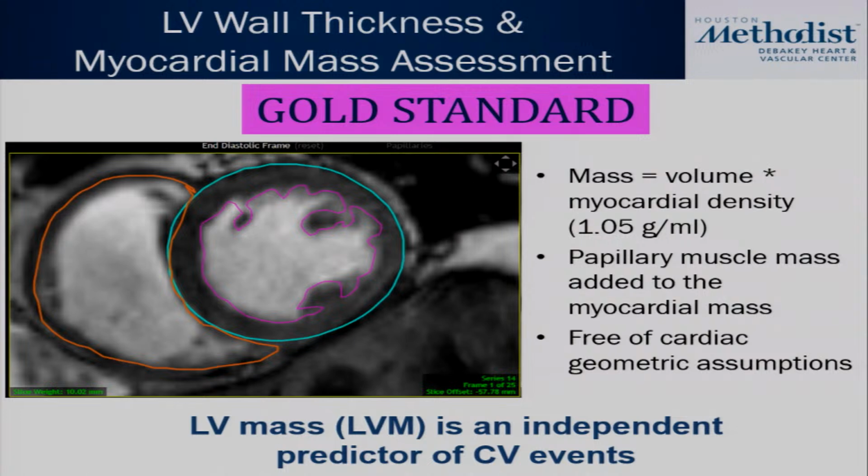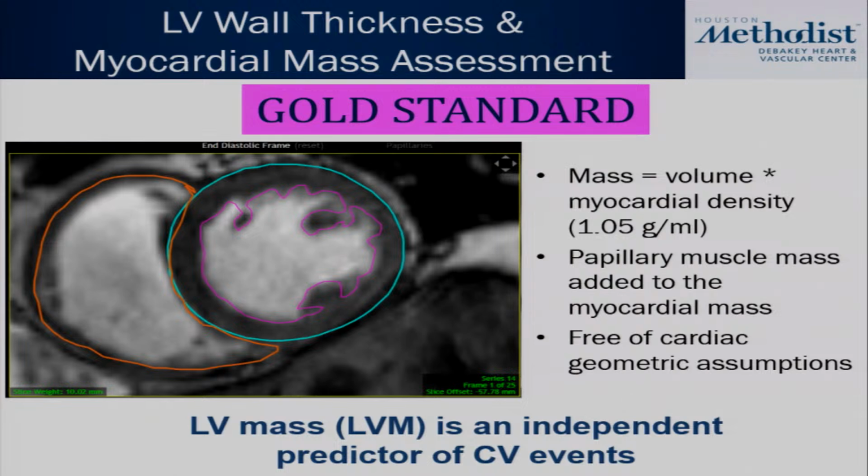And the difference between those two volumes becomes your myocardial mass. Again, this is completely free of any geometric assumptions. By echo, we have some assumptions built into those formulas. And why this number is very important is because mass is independently prognostic of cardiovascular events.